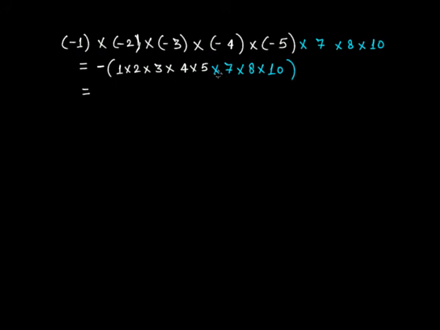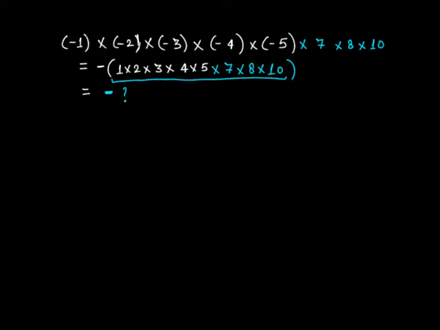Now you have to multiply it, and whatever you get will contain the minus sign. So you just multiply this and put a minus sign here, and whatever answer comes will be the result.